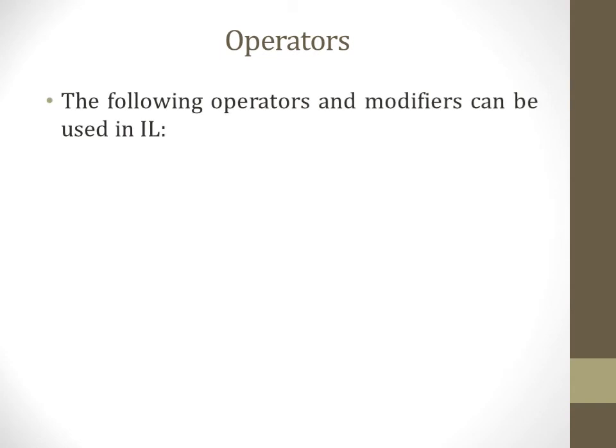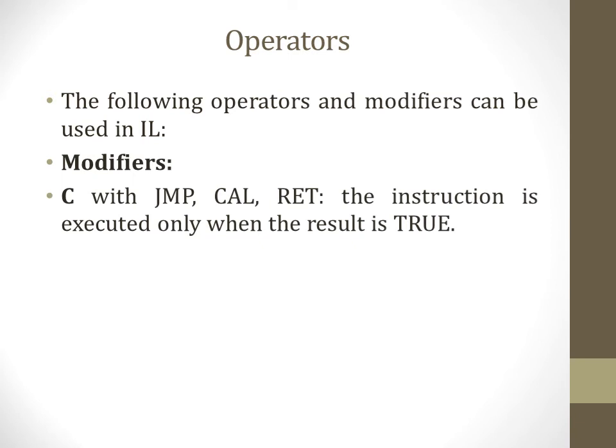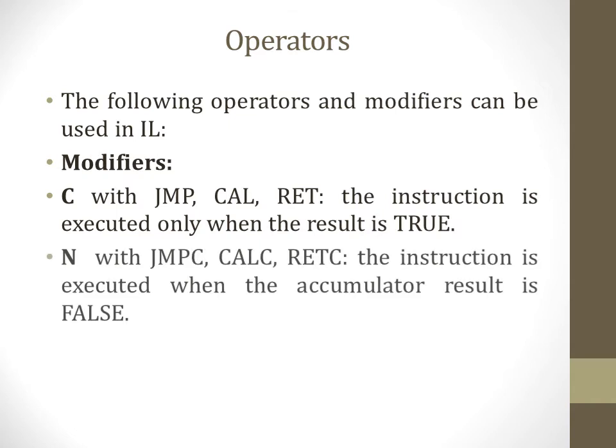So let's talk about operators. The following operators and modifiers can be used in instruction list. Modifiers: C with jump, call, return: the instruction is executed only when the result is true.